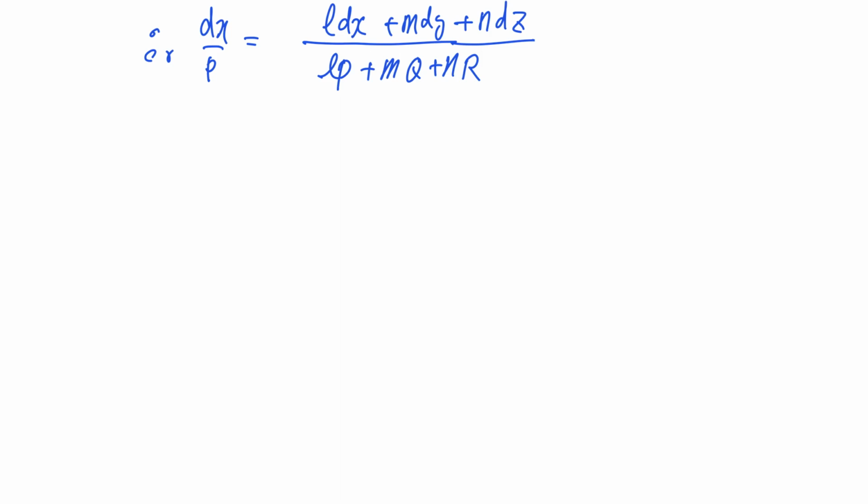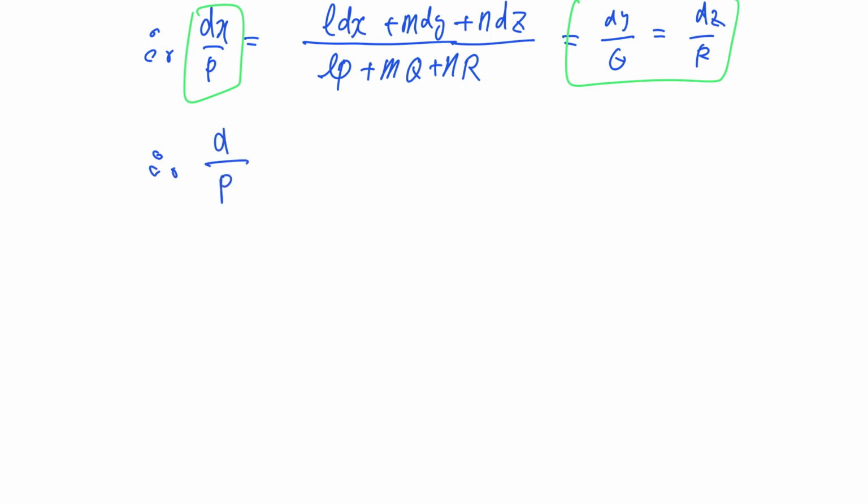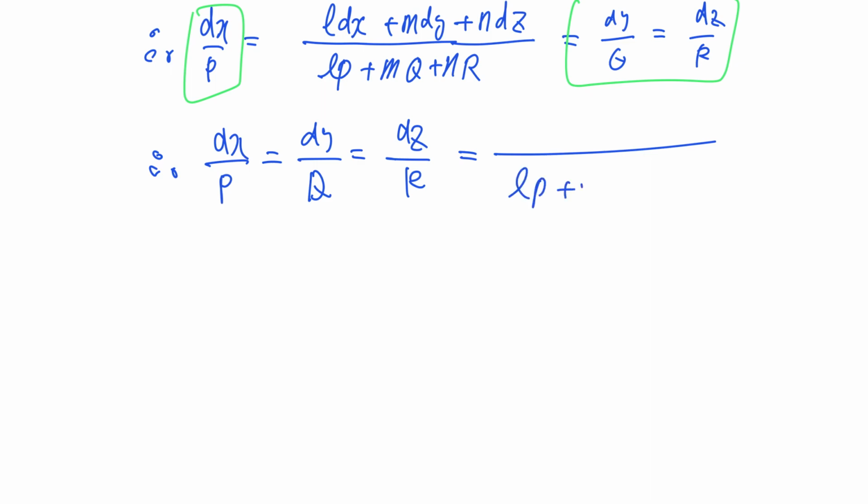But actually, this is supposed to be dy over Q and dz over R, right? I mean, from this and this. So therefore we have dx over P, dy over Q, dz over R is, you can say, lP, mQ, and nR over ldx plus mdy plus ndz.